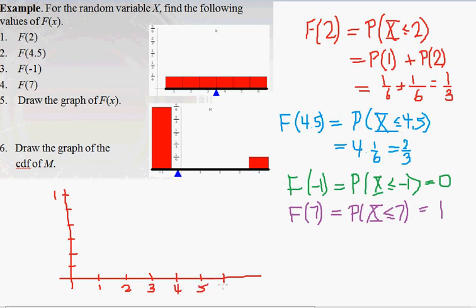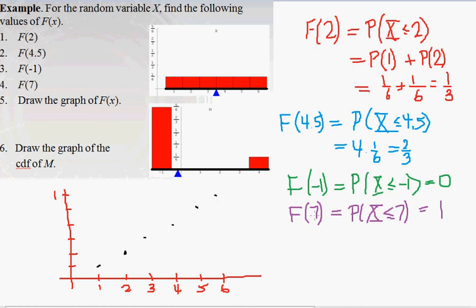Okay, now let me start carefully drawing in the graph of this. We saw that F of 2 is equal to 2/6, so that's here. And similarly, F of 1 is 1/6, F of 3 will be 3/6, F of 4 is 4/6, F of 5 is 5/6, F of 6 will be 6/6, which is 1.